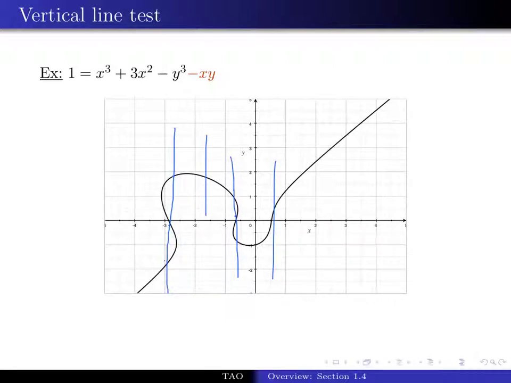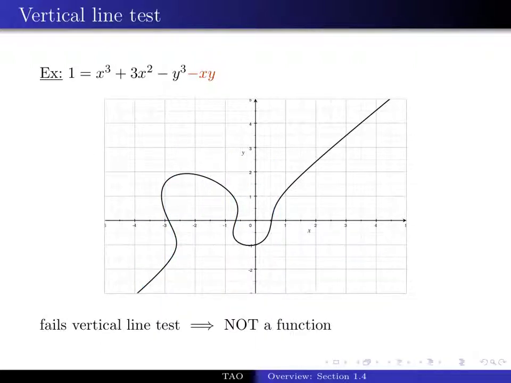We're good in a lot of spots, but we have a lot of places where it's going to fail the vertical line test. If it fails the vertical line test, it is not a function. There's no way to write this to get a nice straightforward function y equals some f of x. So this is not a function, despite the fact it's a pretty cool line.